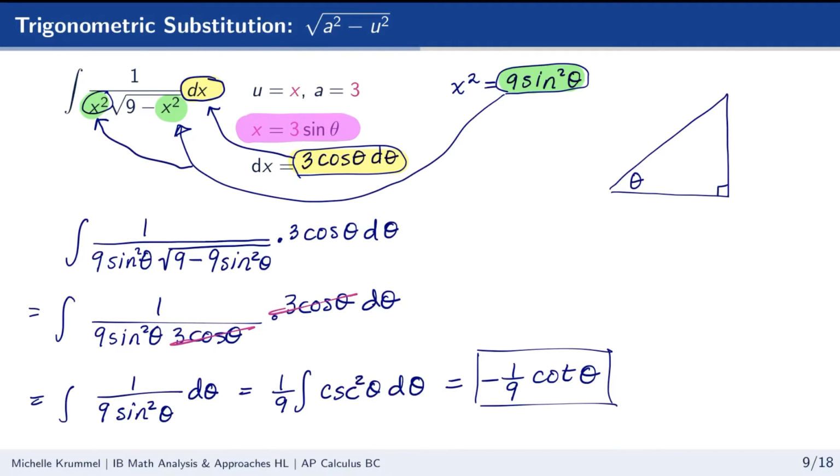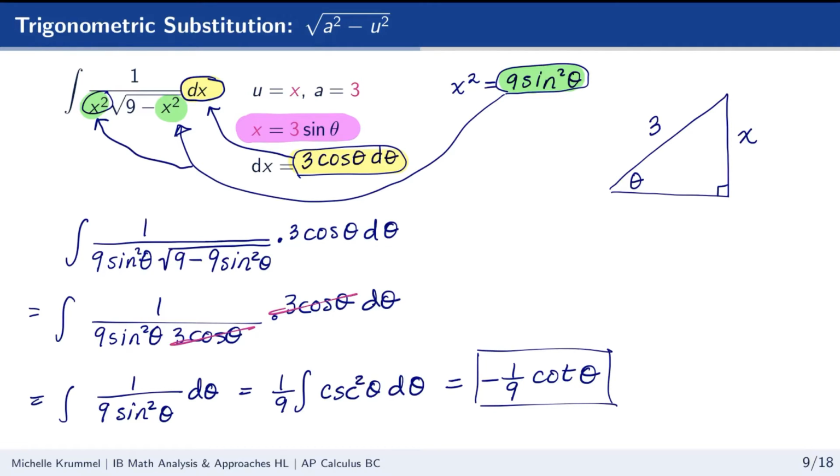The original substitution will tell you how x is related to theta in the right triangle. If x equals 3 sine theta, divide both sides by 3 there. You get sine of theta equals x over 3. If the sine of theta equals x over 3, the x must go here and the 3 must go here, because the sine of theta is defined in a right triangle as the opposite length over the hypotenuse.